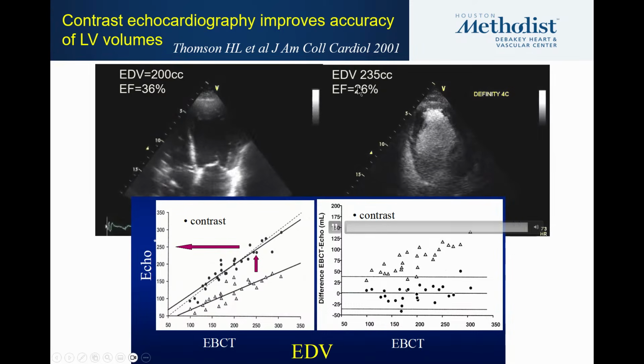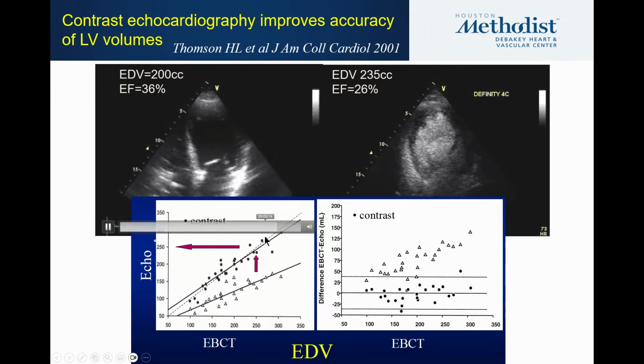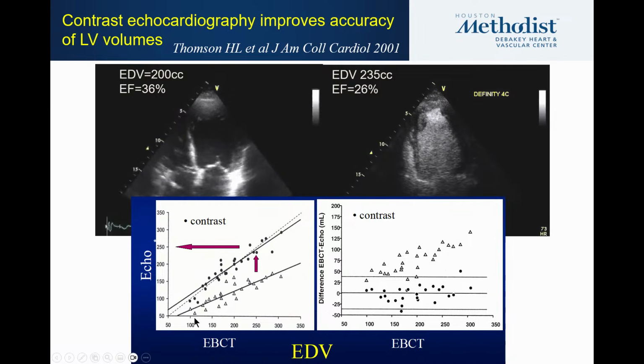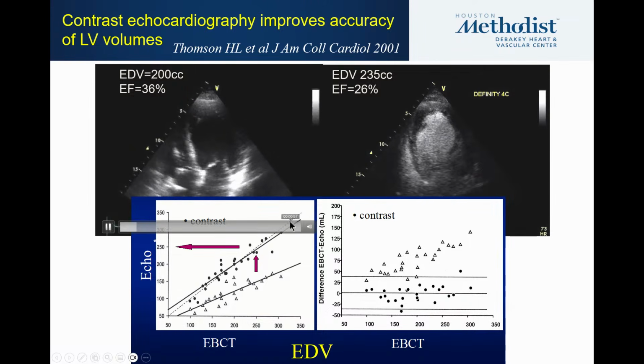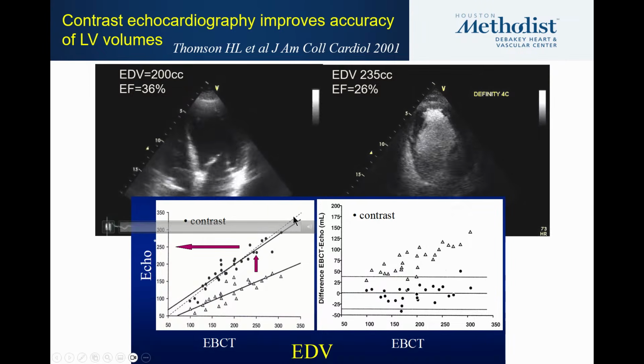Okay, and this is what was observed many years ago in this study from the Mayo Clinic, where they did comparisons to CT for volumes, and this was without contrast. There was a correlation. However, tremendous underestimation of volumes by 2D. When contrast was given, the correlation was equally good or better, but more importantly, this dotted line is the line of identity.